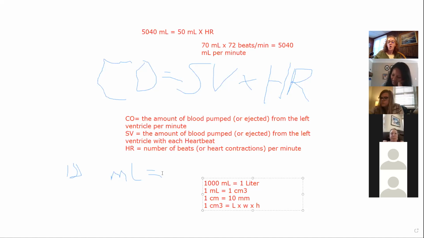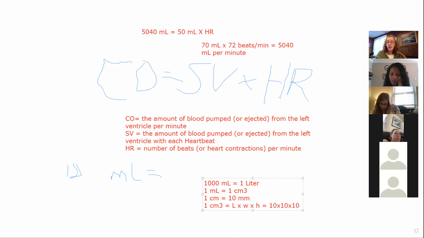So 1 centimeter equals 10 millimeters. To figure out how many millimeters are in 1 centimeter cubed, it equals 10 times 10 times 10.